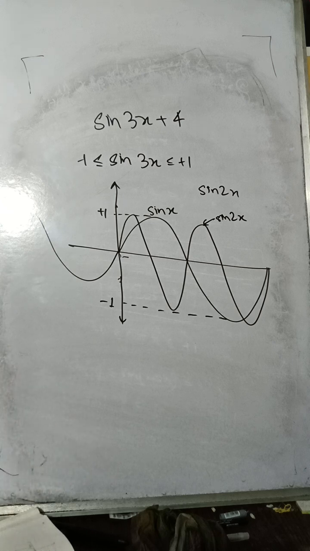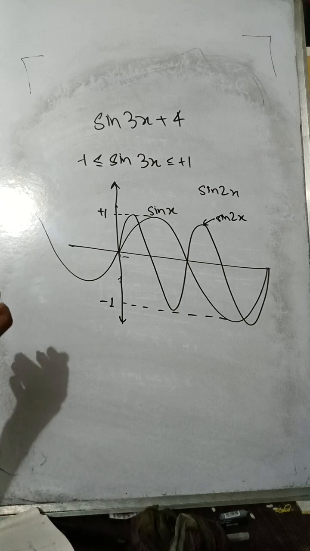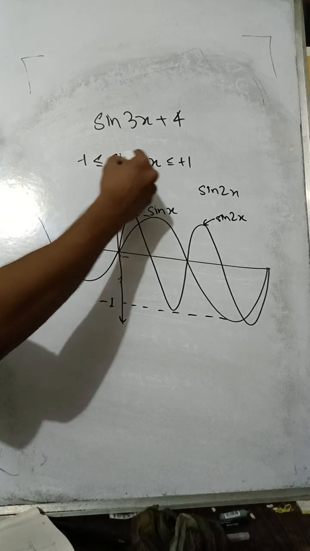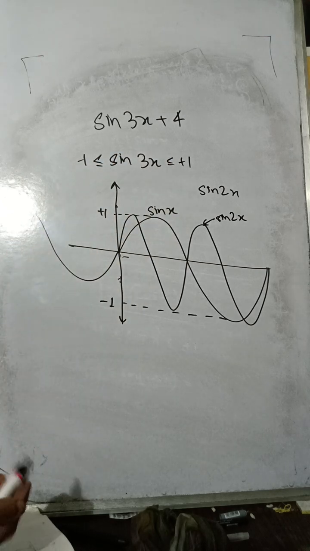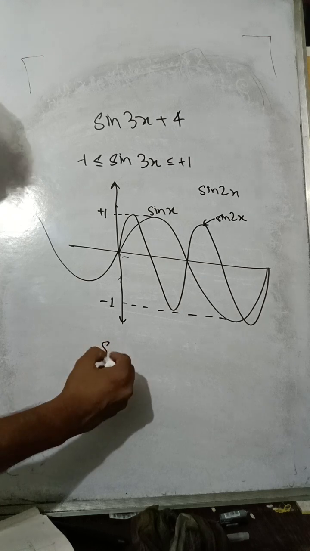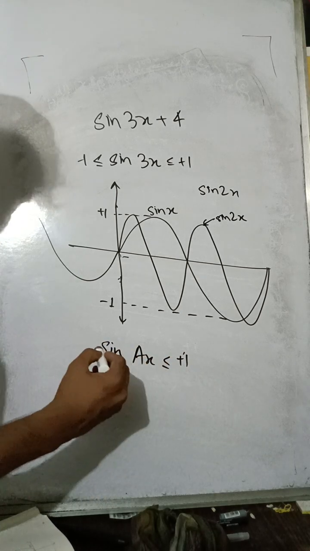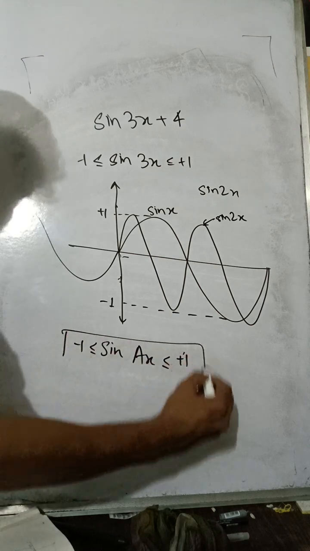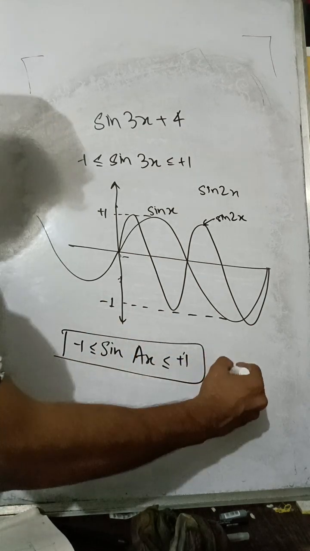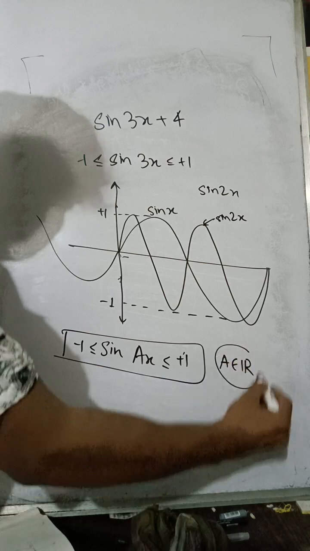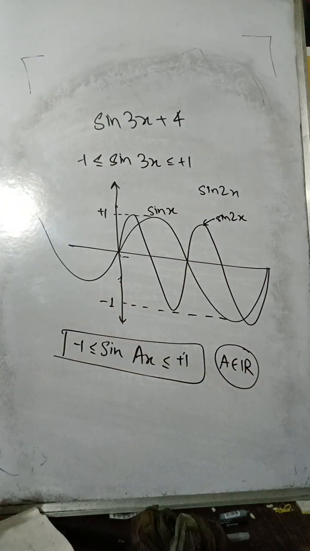I am simply concerned about the maximum and the minimum amplitudes. Interestingly, the amplitudes remain the same for sine 3x as well. So sine ax will be between plus 1 and minus 1. Always remember this. Whatever the value of a, which can be any real value, sine ax will always remain the same.